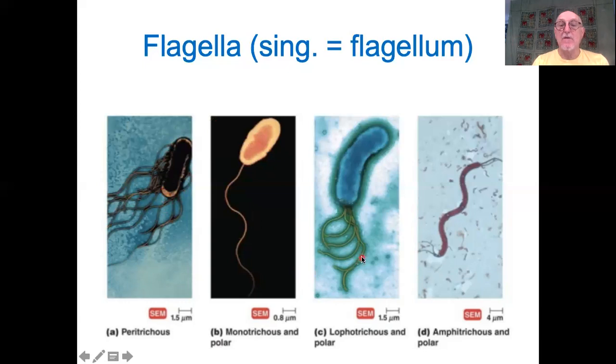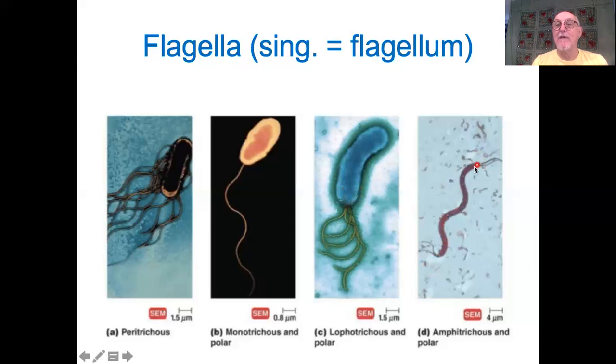And this is called lophotrichous. Lophotrichous actually means in a bunch. So here we have several flagella all emerging from one spot. These are polar lophotrichous flagella in a bunch at one end of the cell. These here are referred to as being amphitrichous.